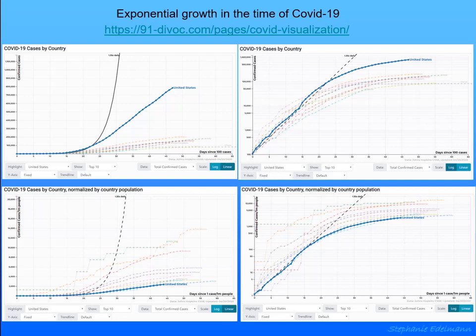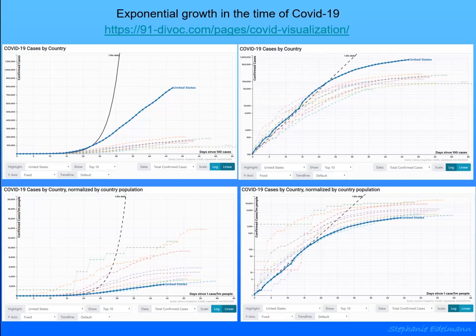In each case, the one on the left is the linear one, and the one on the right is the log one. Look at the trend line, because the trend line is the same for all of them.